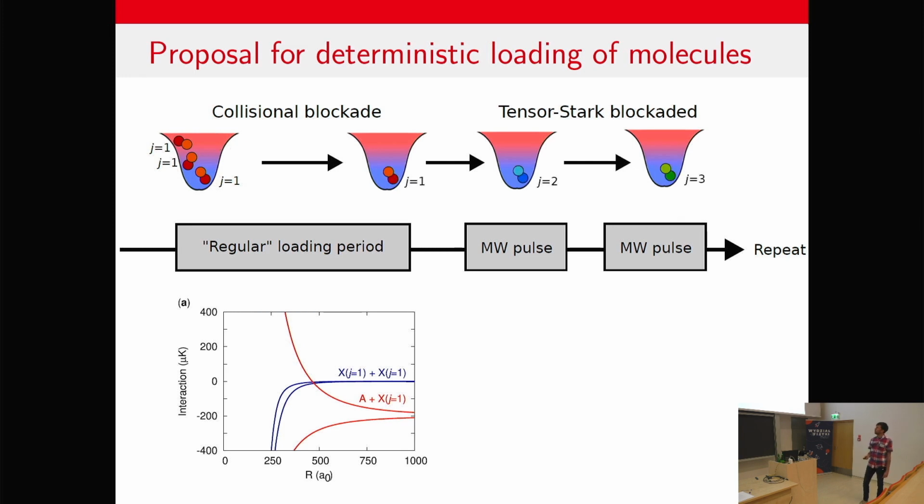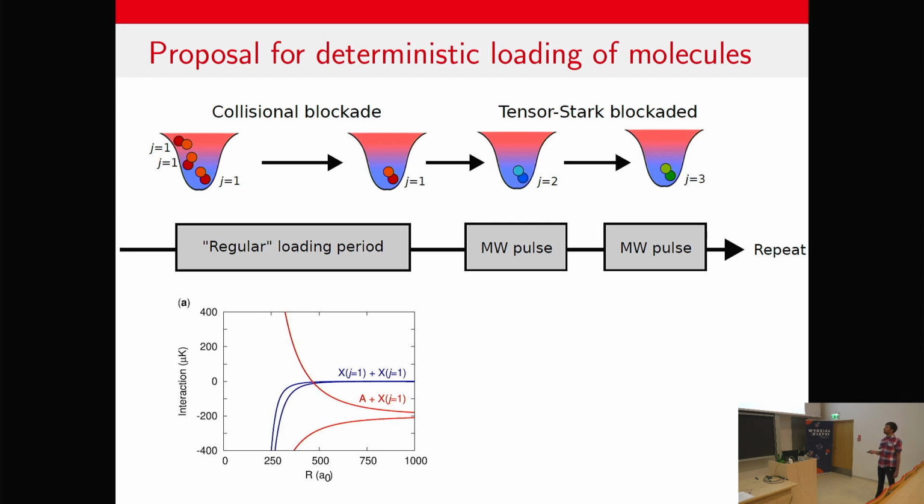So maybe the second time around we're lucky and we load an odd number of molecules, so we're left with 1 J equals 1 molecule. We apply these 2 microwave pulses to transfer the molecule to J equals 2 and then J equals 3. Then the recipe is just to repeat this again. Let's say we're doing it more than two times.